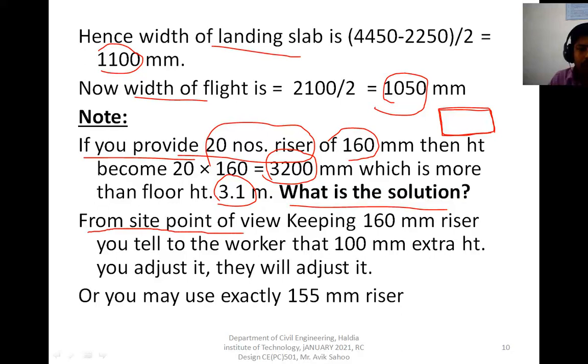From the site point of view, keeping 160 riser, you tell the worker that there is 100 extra height, so that they adjust it. You see that 100 is extra, which means in each flight 50 is extra, so they will adjust.